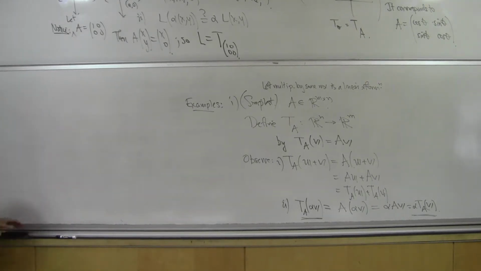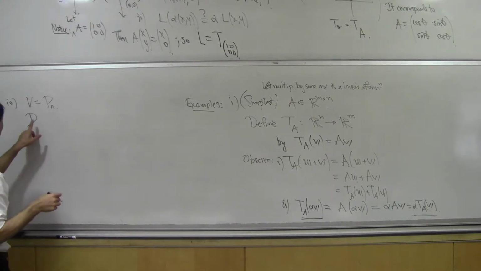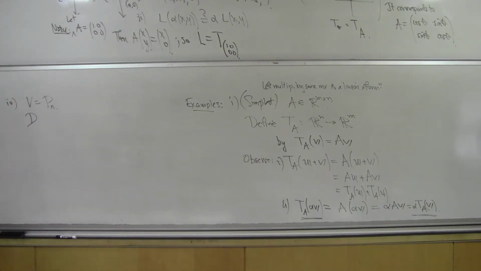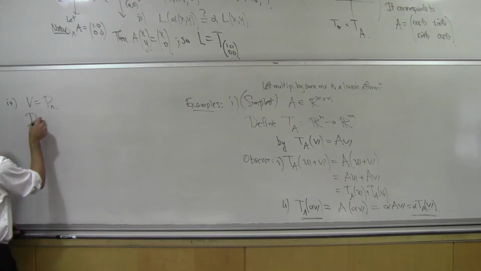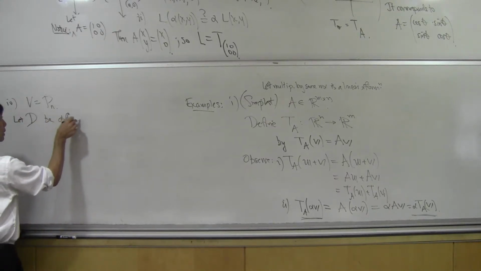Okay, so here's example number 4. Let your vector space be P sub n, polynomials of degree less than n, and let your map be D, let D be differentiation.